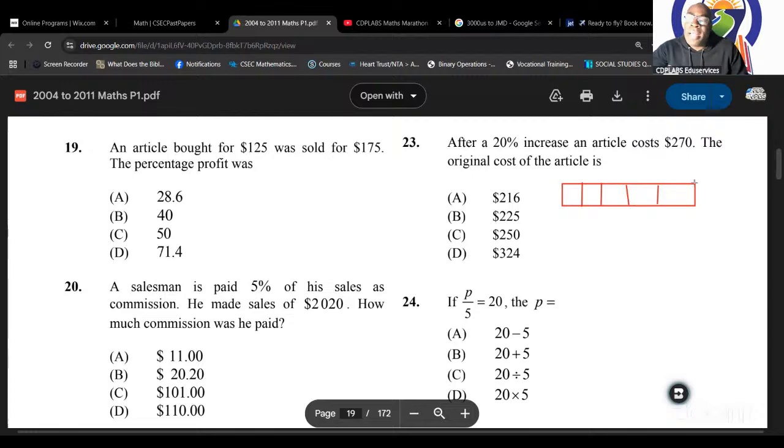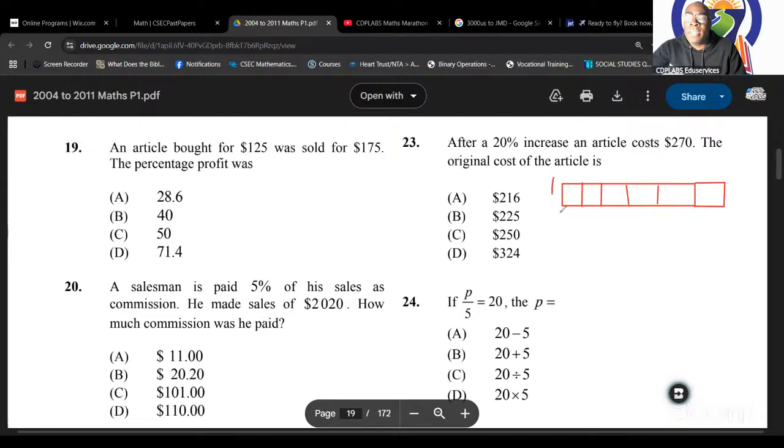But what the bar model is telling us is, if you add that additional 1/5, this entire thing now represents the 270. Watch me now. This entire thing represents the 270.